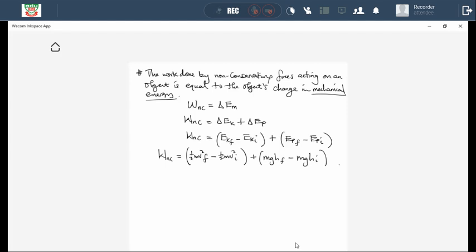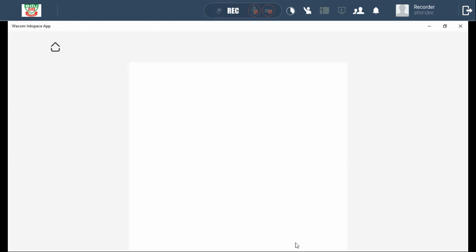So I'm going to look at an example, and in this example, the advantage is we have only one non-conservative force that is acting on this guy who is sliding down an incline. Since we have only friction, our work done by non-conservative forces is going to be equivalent to work done by friction, because it is only friction that is a non-conservative force. So quickly, let me look at the example and then I revise the example with you.